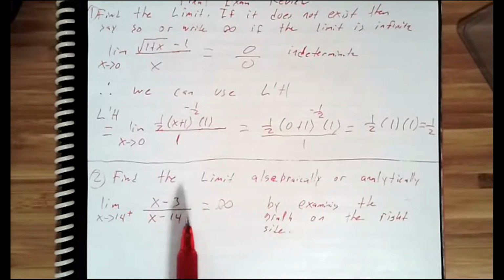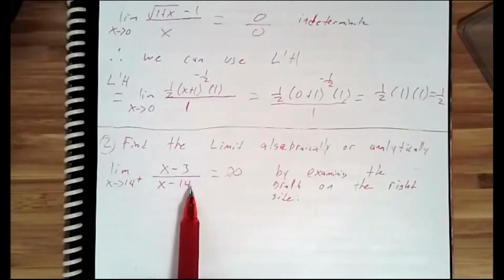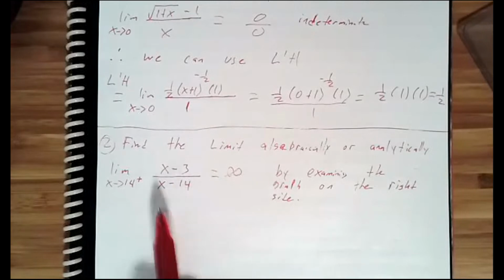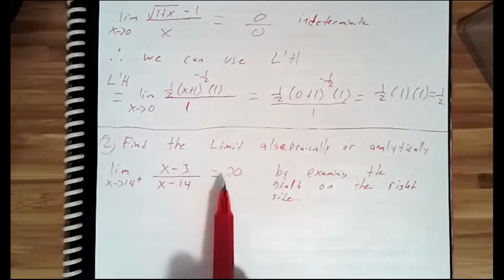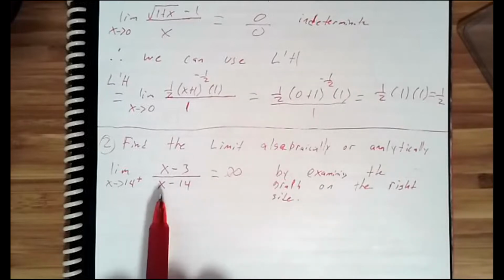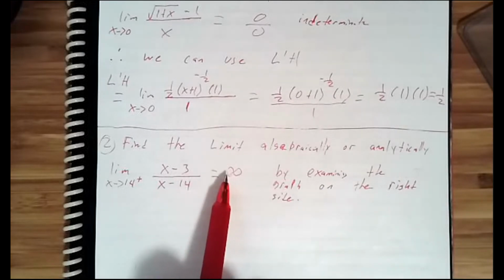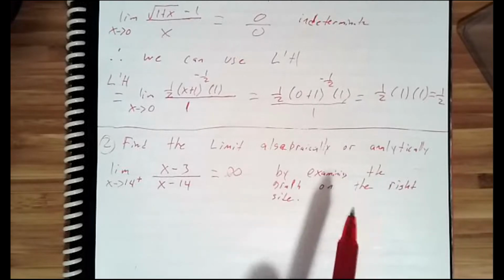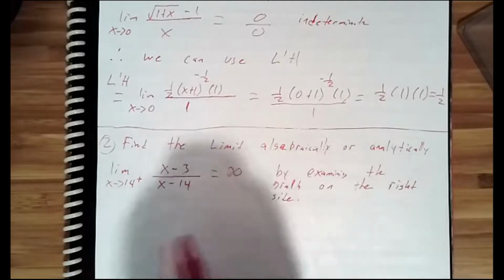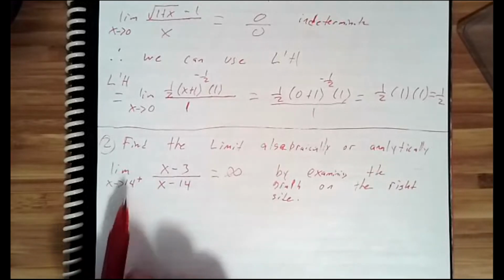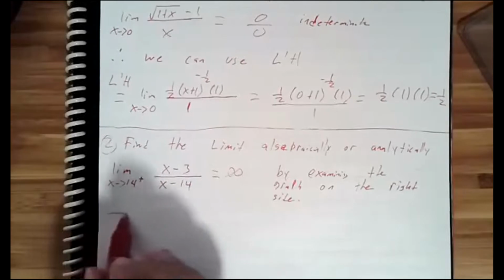Like if you were to have plugged in, let's say 13.9 and 13.99, and you do that a few times and you notice it's getting large, then you can just explain that as we get closer to 14, it goes to infinity. Or you can just sketch a graph or explain it and just say, well, this is what the graph looks like. Clearly, we're going to infinity at 14 on the positive. Does that make sense? Like how to get your point across?